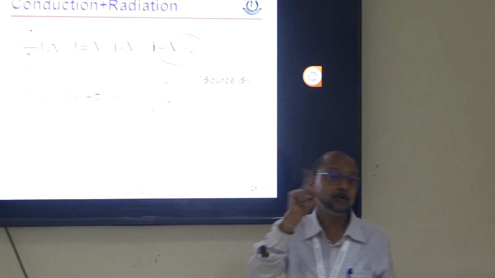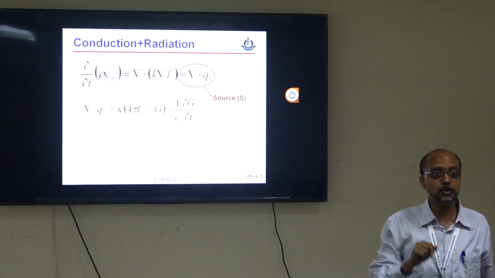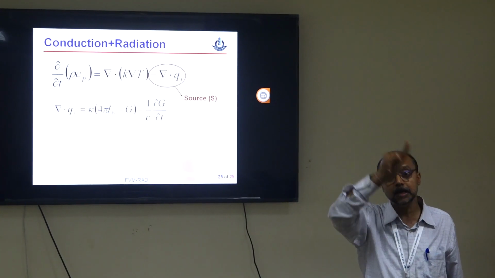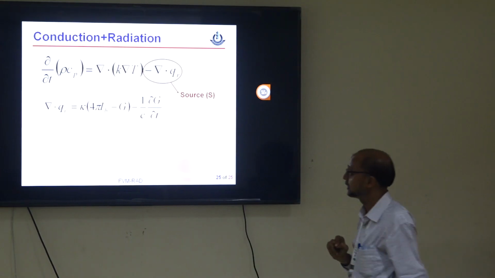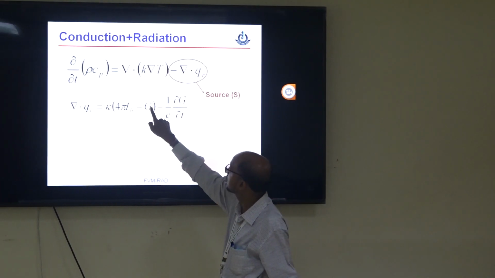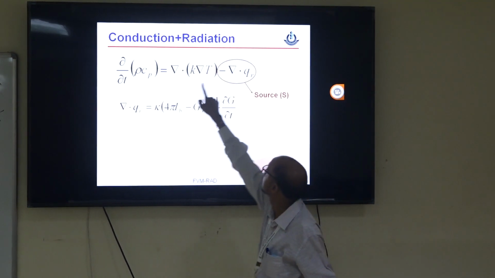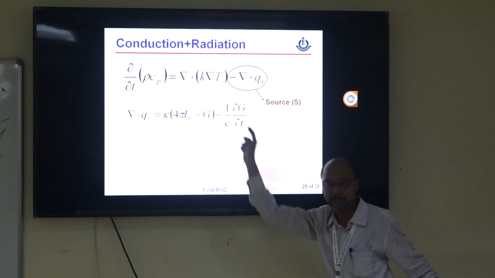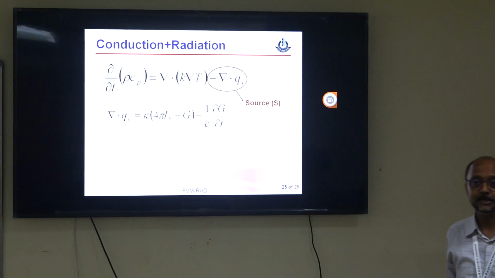Remember, G does not depend on direction. G only depends on spatial location, because G is the contributory effect of intensity from all directions at a given spatial location. That's why first you have to calculate this G, and then you can put it here to find the temperature inside the medium.